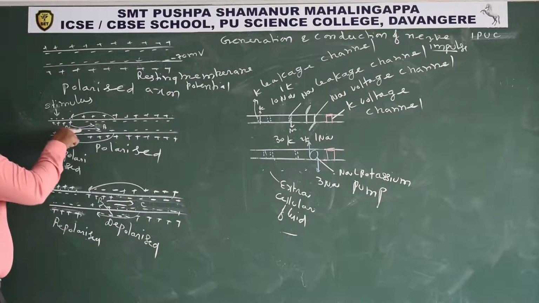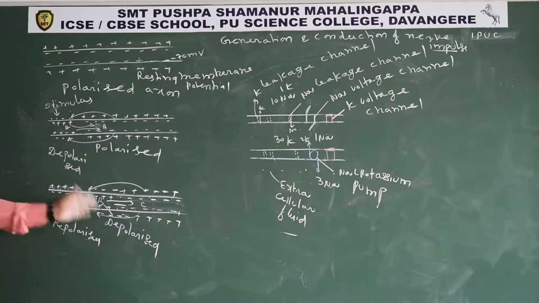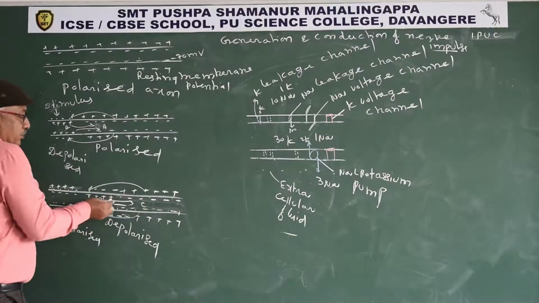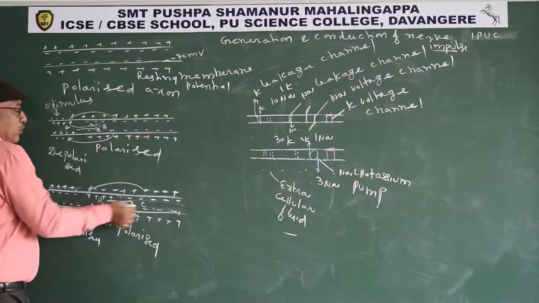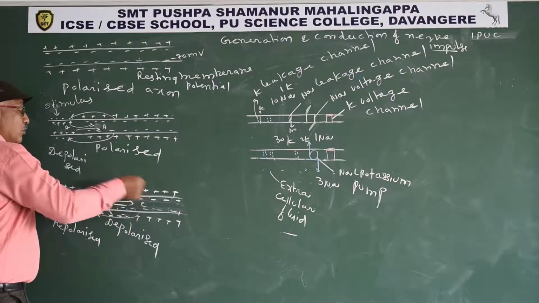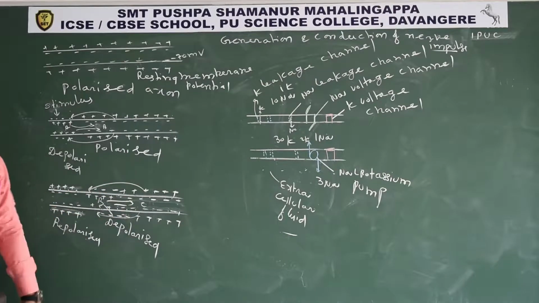Along with positive charge from A to B, information or message also travels from A to B. The same process is repeated. Now from B to C, current flows from B to C inside the axon, and current flows from C to B outside the axon. As a result, the C part is depolarized.